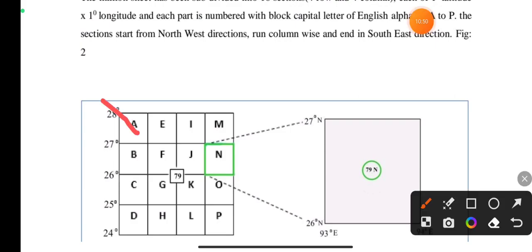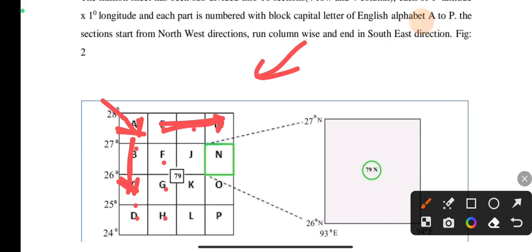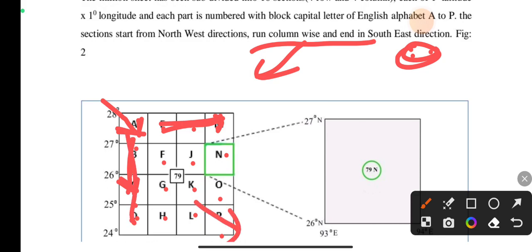So section numbering will always start from this northwest direction. Run column wise, you cannot go row wise, you have to run column wise, that means vertically, not horizontally. A B C D E F G H I J K L M N O P, like this. So run column wise, and you have to end it in the southeast direction. This is the southeast direction.